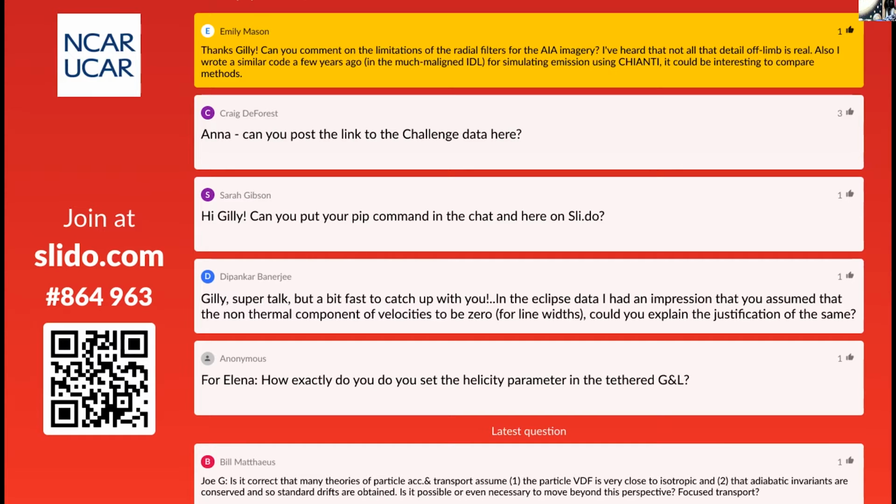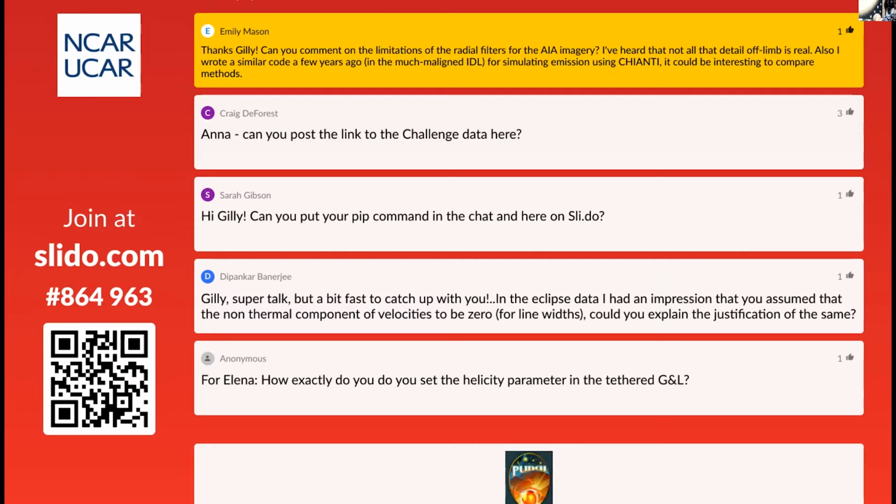And that's why the forward model is required. You have to actually know how to split it back out. Say 50% of the width always seems to come from thermal. If that was true, which I just made up, then you could always say, okay, we're going to take half the width and call it thermal. But I think it's going to be more complicated than that. That's the last one that's showing right now.